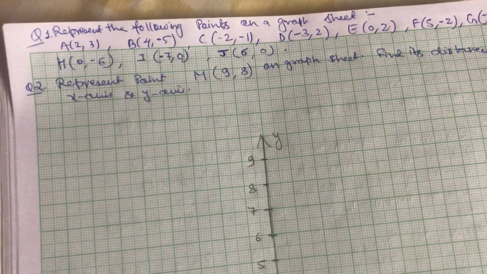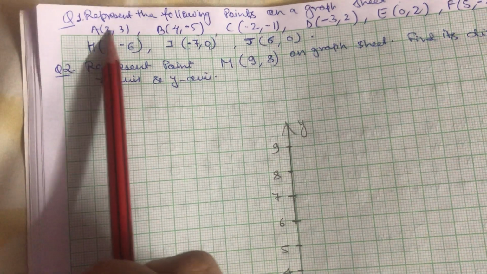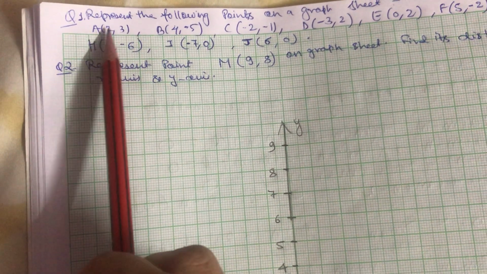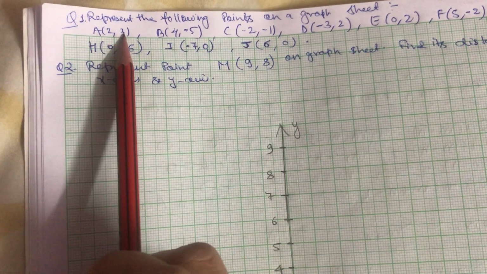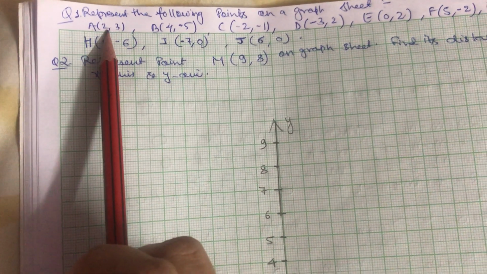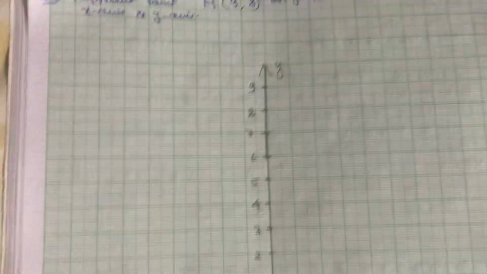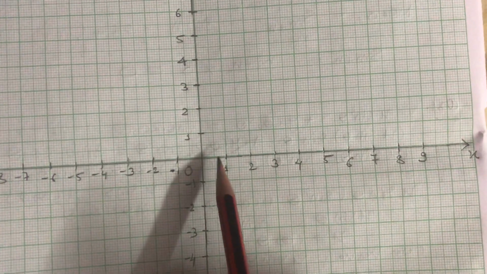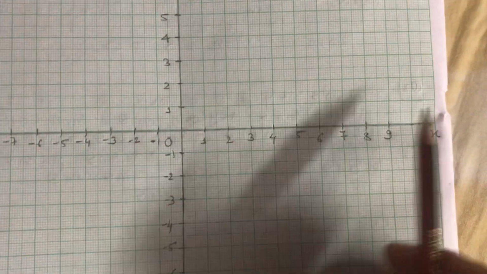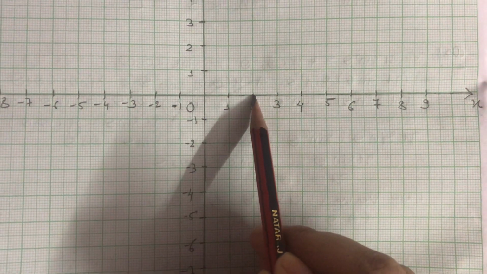Now the first question is that I have to represent this point, which is A equals 2, 3. We know that the first is the x coordinate and the second one is the y coordinate. So here x is 2 and y is 3. So let's represent x equals 2. On the line, where do we have 2? Here. This is my x-axis, right? And here we have 2.